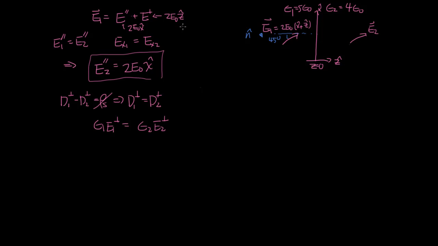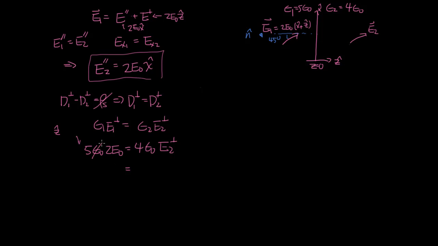And we saw that the normal component is 2 E naught, and it's in the z direction. And epsilon 1 is going to be 5 epsilon naught. So we have 5 epsilon naught times 2 E naught is going to be equal to 4 epsilon naught E2 normal. And just keep in mind that the normal direction is the z direction.